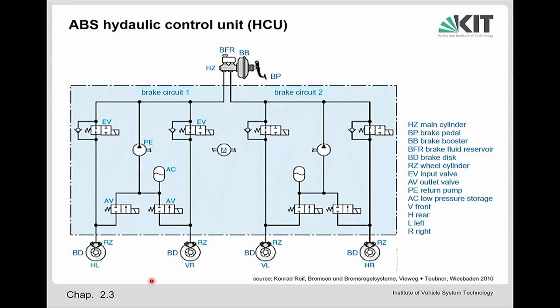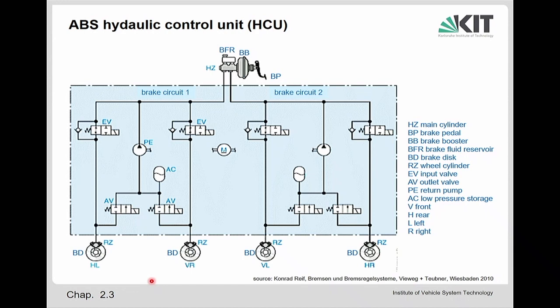So it's diagonal on the car, and you may understand why it is diagonal. It is because if, for example, the left side and the right side were one circuit each, this would create a yaw torque around the vertical axis of the vehicle. So this would indicate a steering effect.